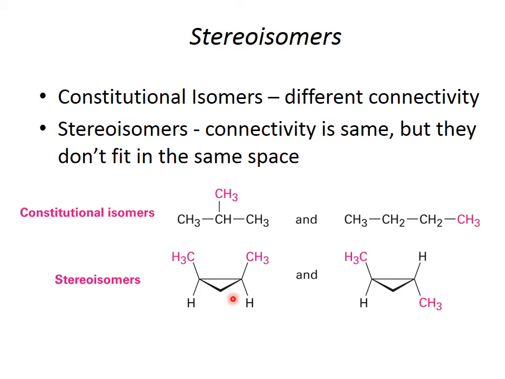They're identical except for one little thing. These two are cis, on the same side, and these are trans, on opposite sides. And there's no way I can take this and put it inside of this. So we say they are non-superimposable, or you can say they don't fit in the same space. As a result, we call these stereoisomers, and the particular type of stereoisomer is cis-trans stereoisomer.